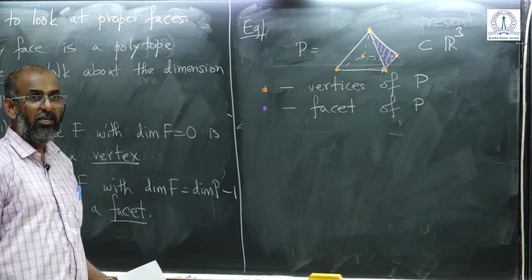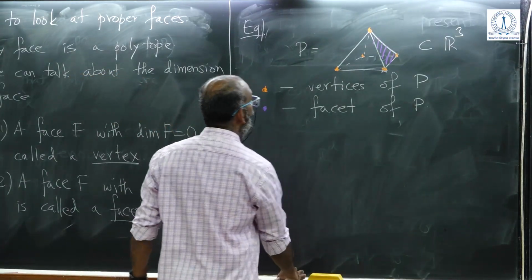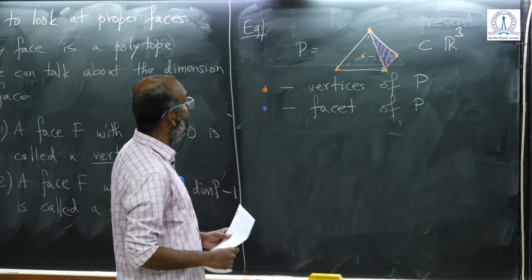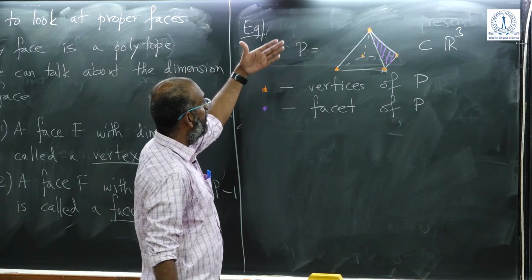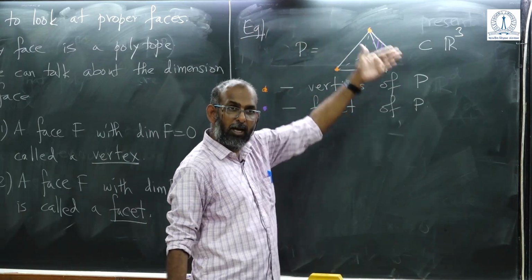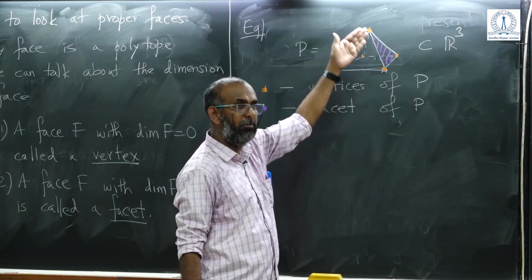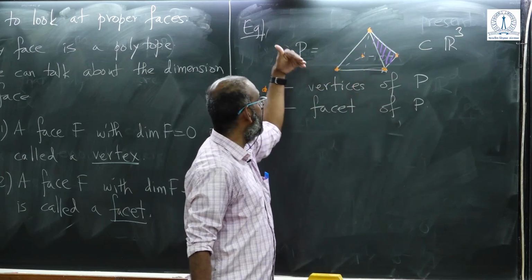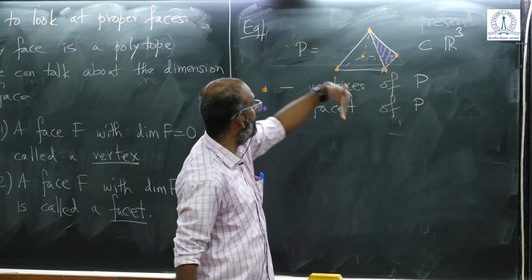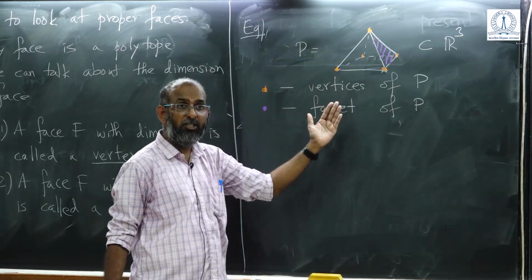Proper faces? Edges, yeah. So can you think of a hyperplane that gives, well, the facet is given by a hyperplane itself, right? That hyperplane, the supporting hyperplane of that. But what, and vertex I showed you in that example, how will you get an edge?